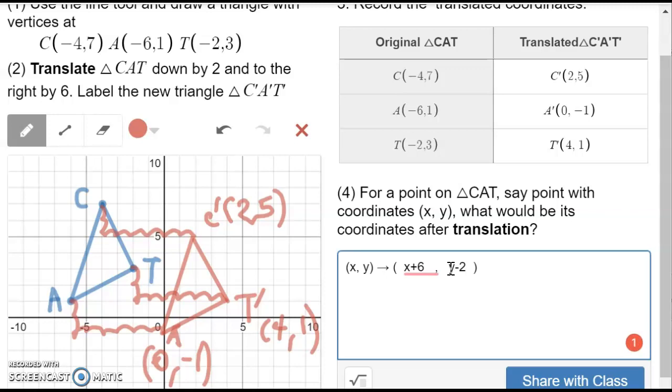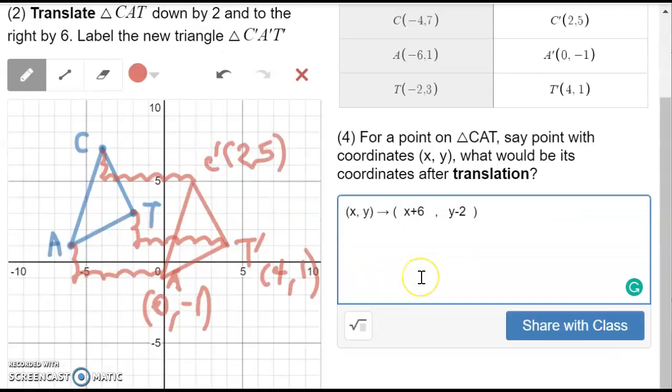So we can say that when it went down, it decreased by 2 from the y coordinate. When it moved to the right, it increased by whatever the unit was.